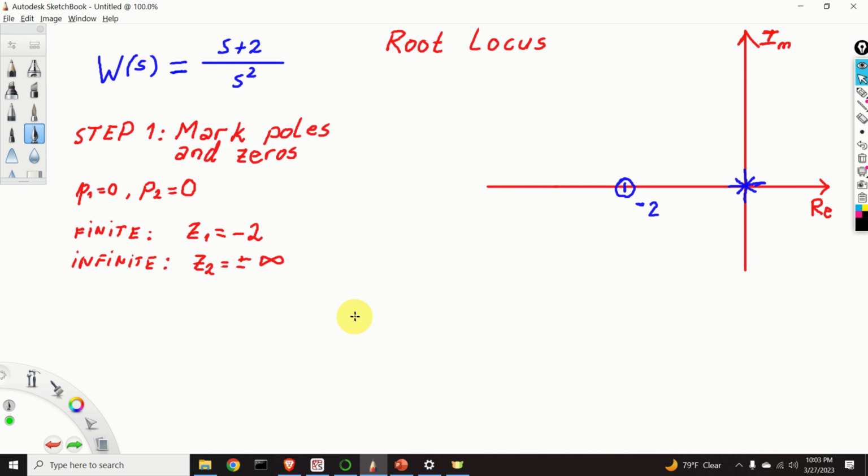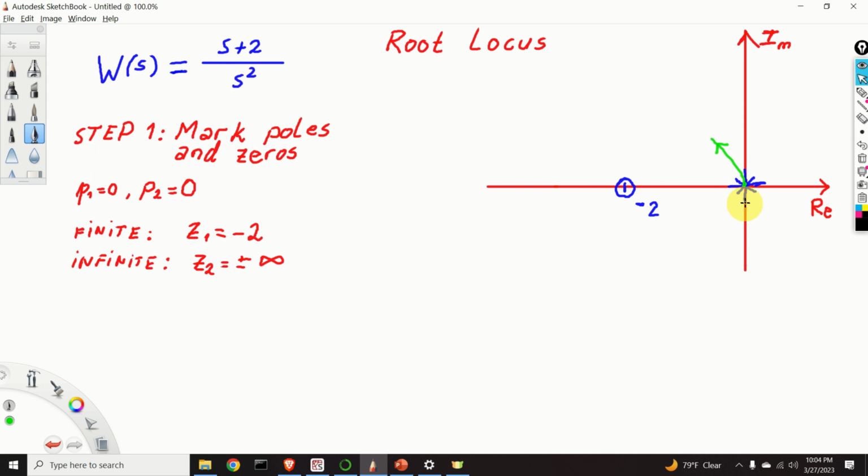So why are the zeros and poles of a transfer function so important? Well, we know that the root locus will start at poles and it should end at finite and infinite zeros. Furthermore, we know that the root locus is symmetric with respect to the real axis. For example, we know that the root locus will start from these two poles. It can go like this.